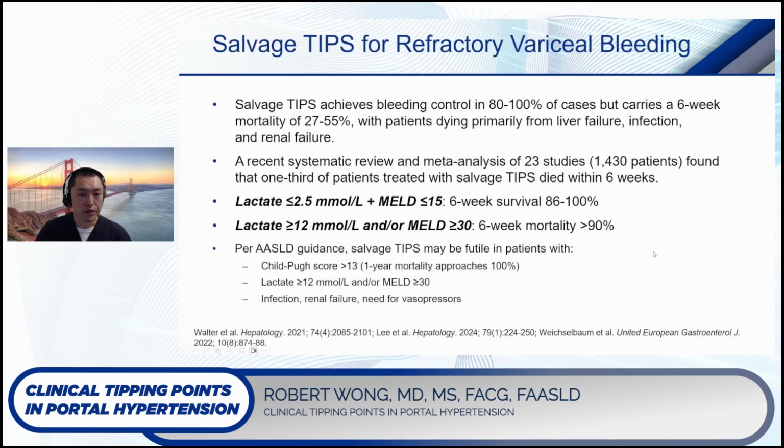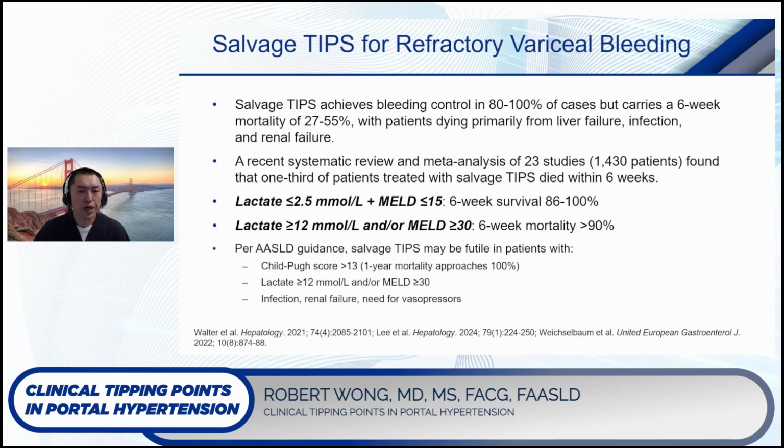What about salvage? Typically, salvage TIPS is what most of us are more familiar with and utilize TIPS for. Salvage TIPS can control bleeding, but carries high mortality. And that's probably because of selection bias. We're really saving this as sort of a last-ditch effort for those with uncontrolled bleeding that's refractory to other hemostasis attempts.